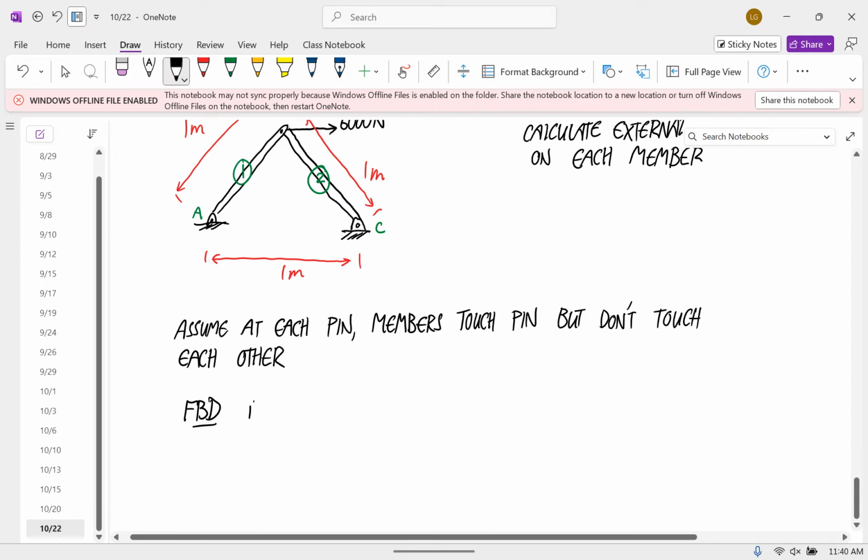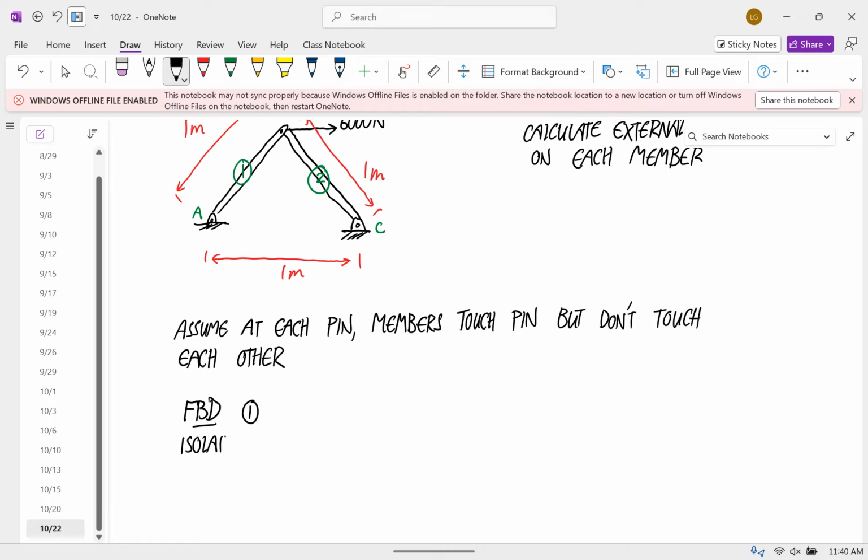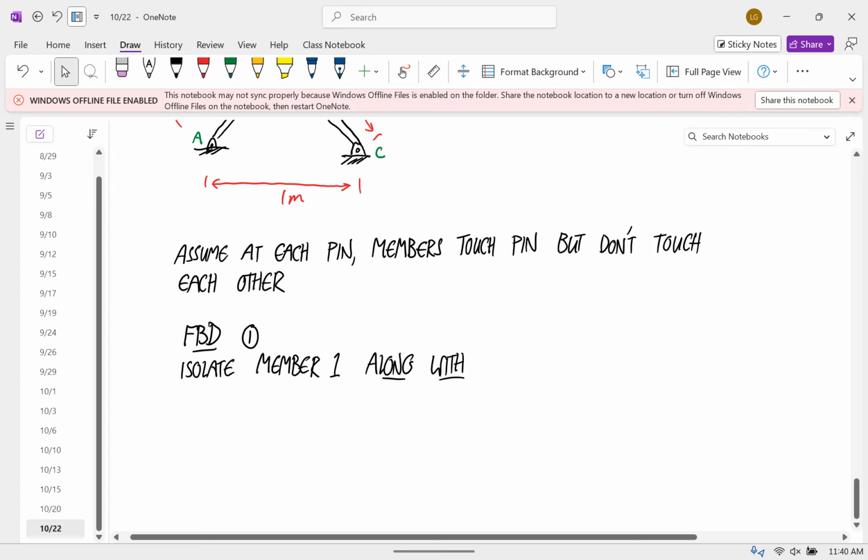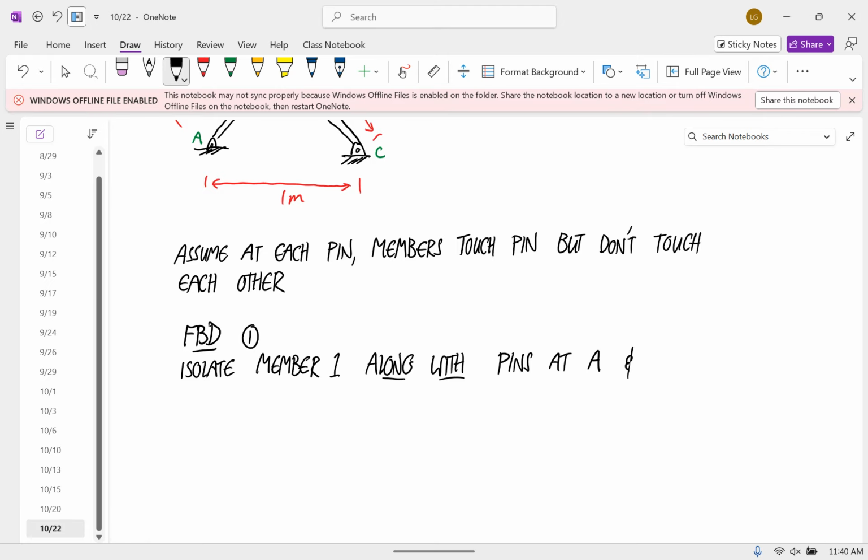So for my free body diagram of member 1, I'm going to isolate member 1 along with, so lumping it in with this body, the pins at A and B. Okay, so the pin at each end is part of what I'm treating as member 1.